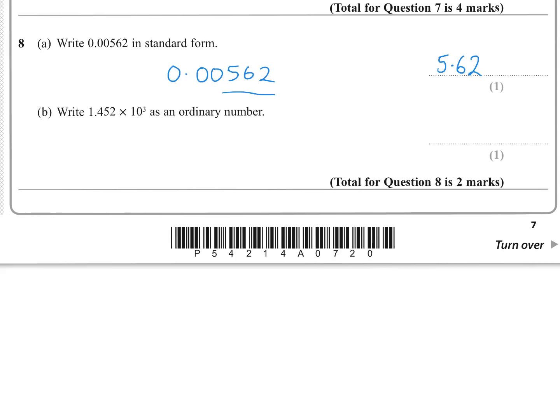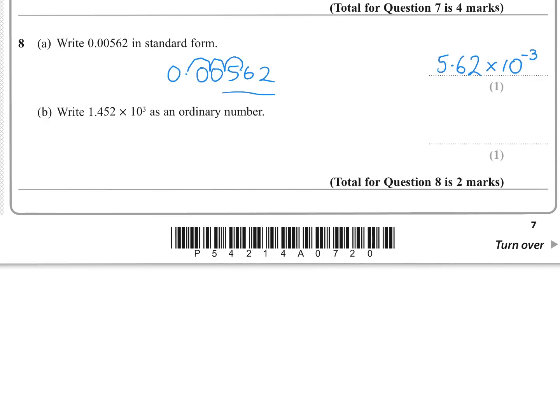Well, it's been made smaller. So if we imagined there was our 5.62, we'd have to divide by 10 once, twice, 3 times. So that means we're not timesing by 10 to the power of 3, because that would be timesing by 10 3 times. We were dividing by 10 3 times, so it's 10 to the minus 3.